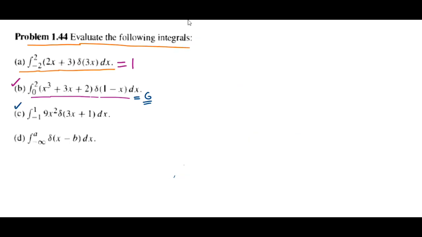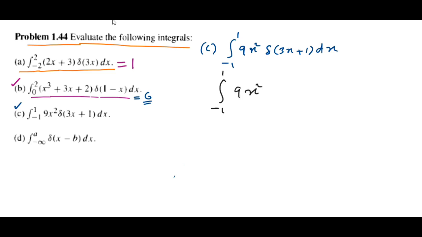I will copy question C here. Question C is the integral from minus 1 to 1 of 9x square delta of 3x plus 1 dx. Here we have to use that identity. What is that identity?